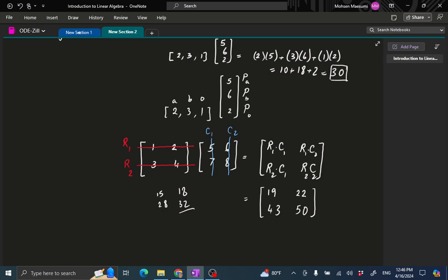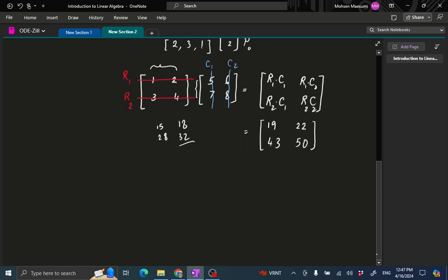So, well, what is the compatibility condition? The compatibility condition is that when you want to multiply this with that, the numbers should match. So the number of columns that you have here and the number of rows that you have here, they have to match for you to actually be able to multiply.